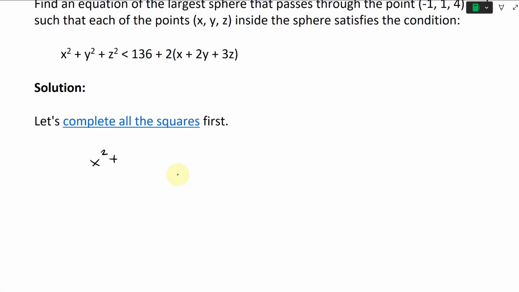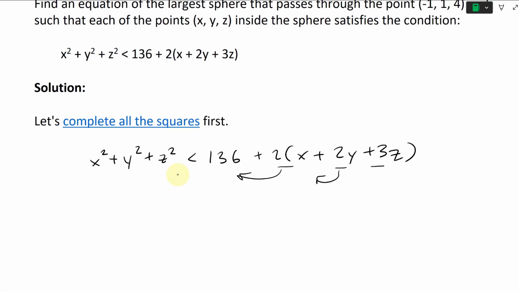So we have x squared plus y squared plus z squared is less than 136 plus 2x plus 2y plus 3z, like that. Alright, so now the next step is I'm going to move everything to the other side and look at the terms separately.